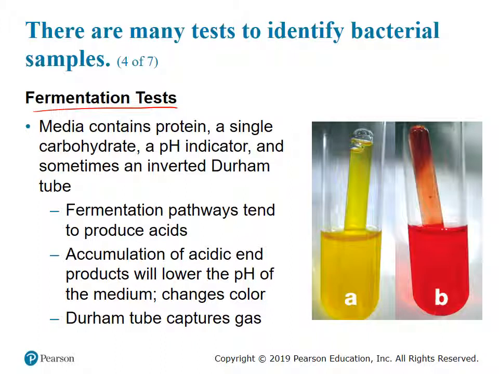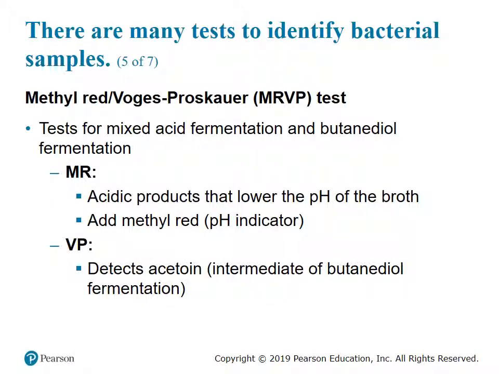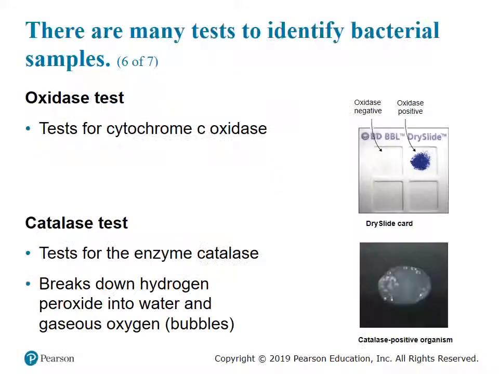If organisms can ferment a certain type of carbohydrate, then this process will indicate that. This one here, the MRVP test, you use to look for mixed acid fermentation and butanediol fermentation, those two fermentation processes. If an organism can do both, you would test for those, and again you would see the change there.